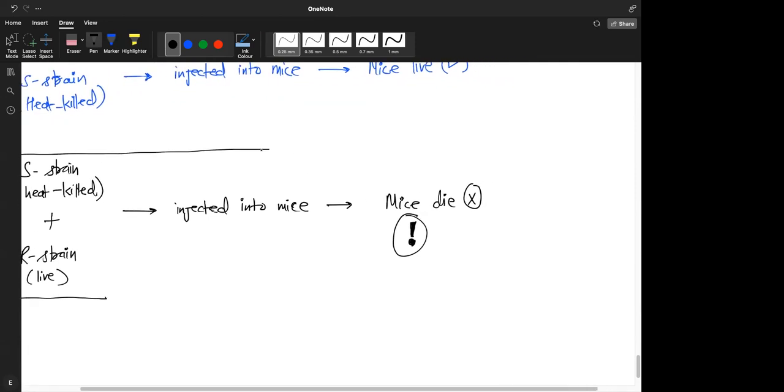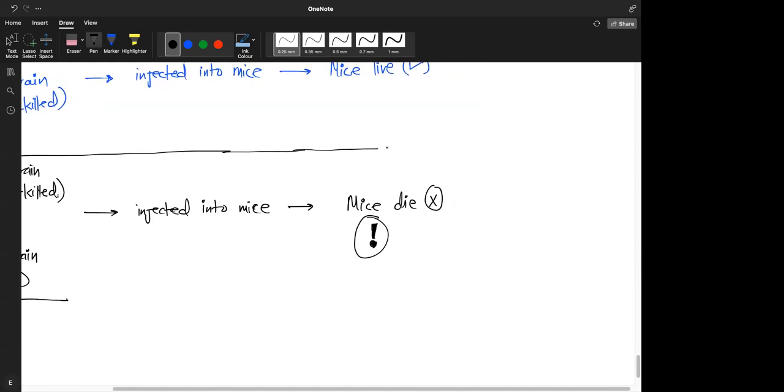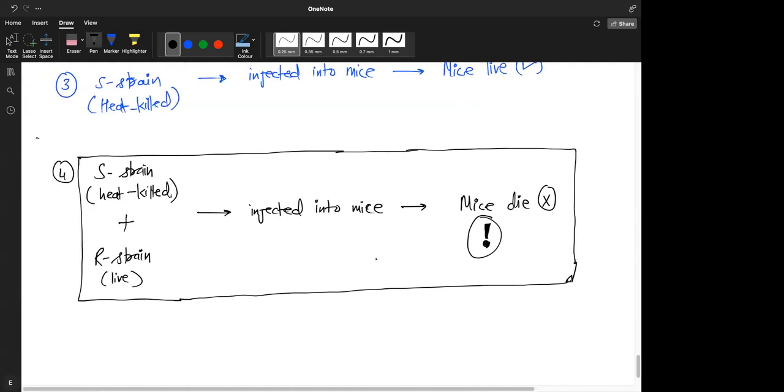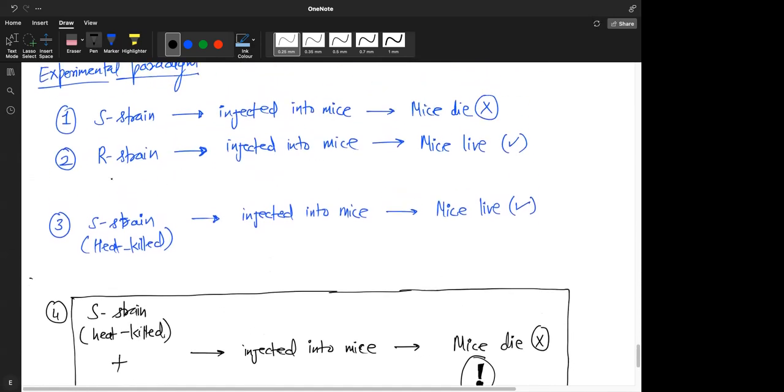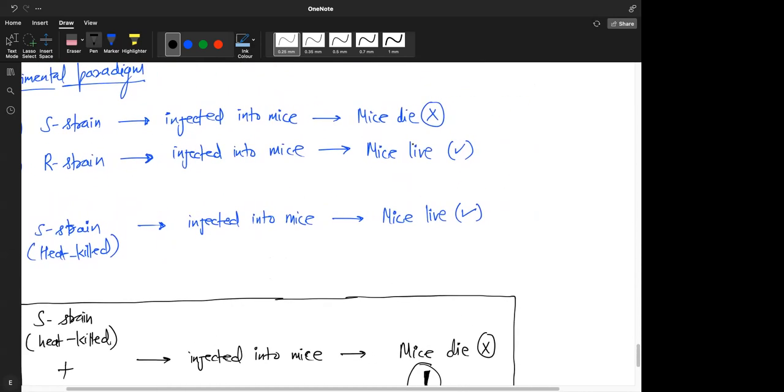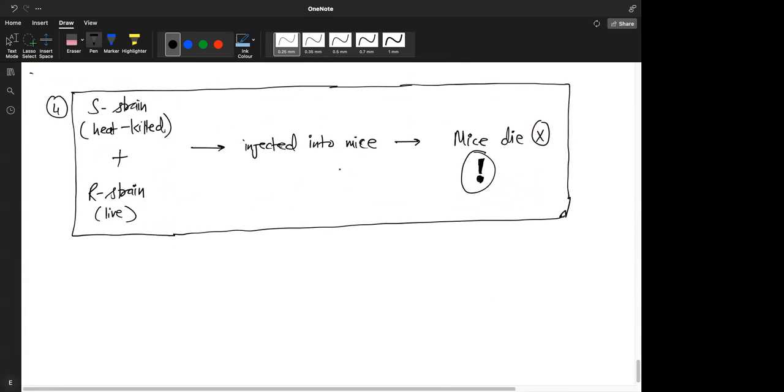Can you guess something? What do you think must have happened? If you would have gotten this result, what would you have thought? R strain was dominant. What then? If you inject R strain, mice live. So if R strain was dominant, then mice should live. And strains are not dominant. Genes, alleles are dominant or non-dominant.